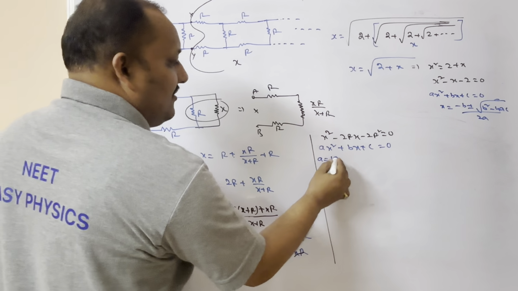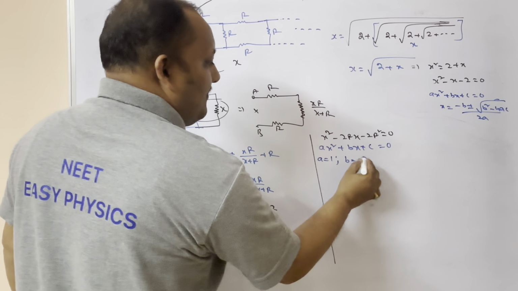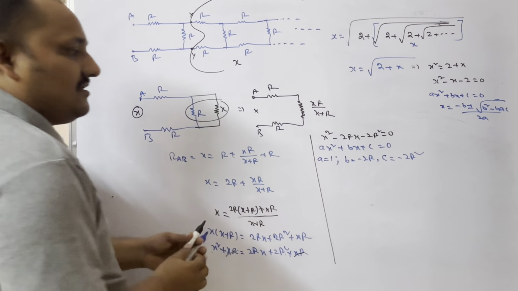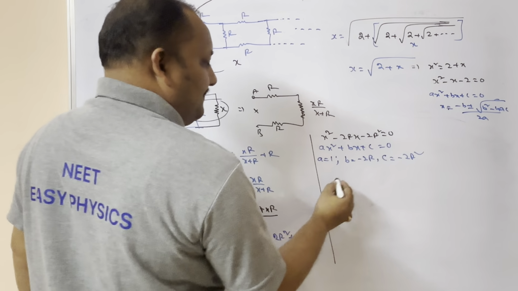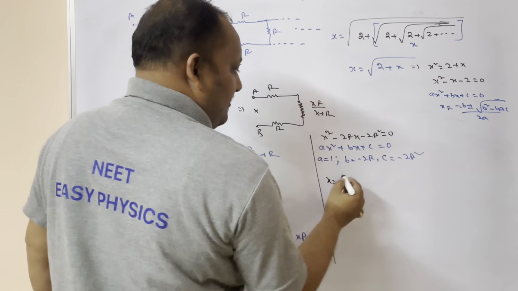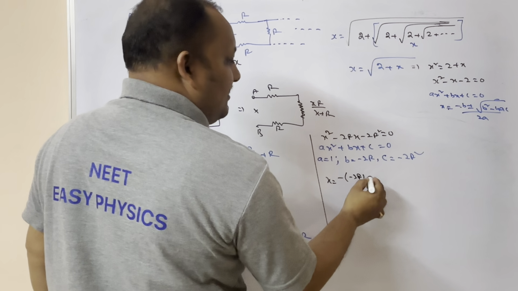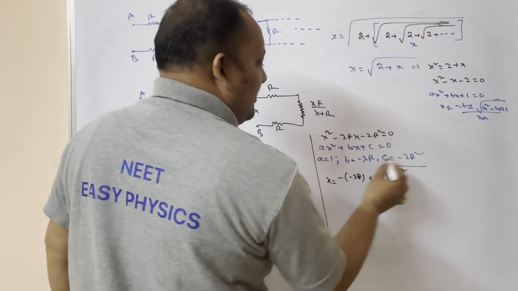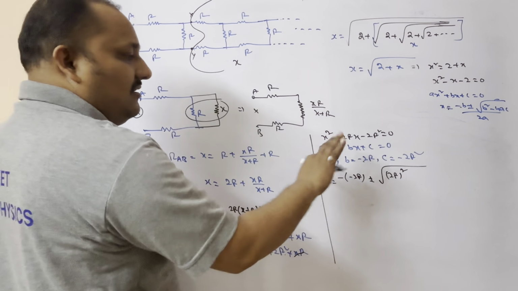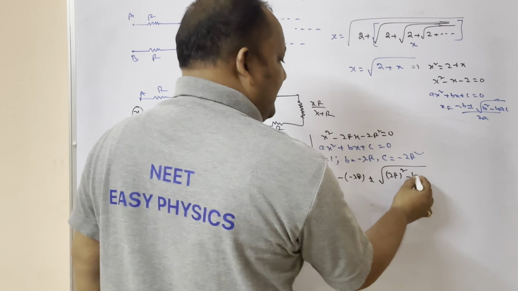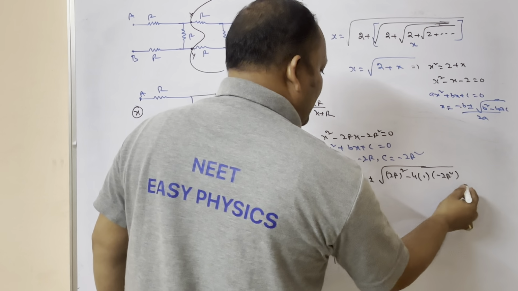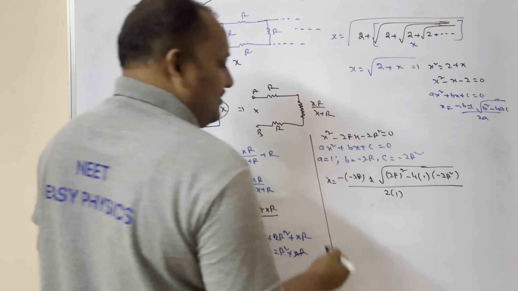What is a? 1. What is b? Minus 2r. What is c? Minus 2r square. Substitute in this formula. X equal to minus of minus 2r plus or minus root of b square, 2r whole square, minus 4 into a, 1, into c, minus 2r square, divided by 2 into 1.